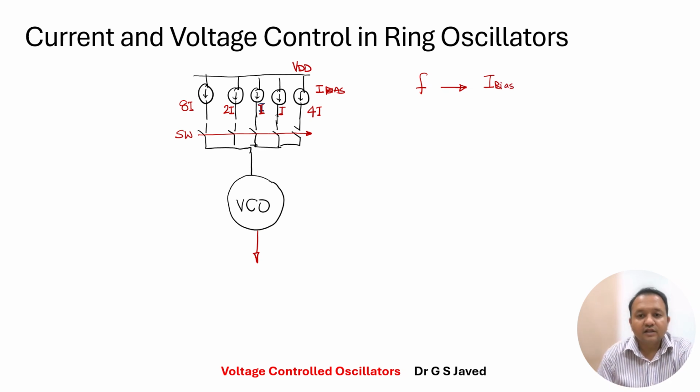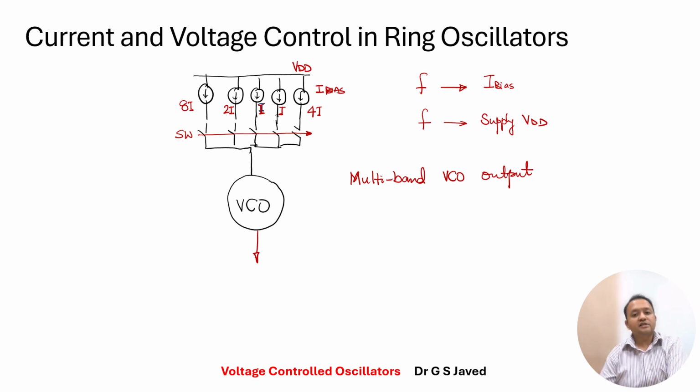Second, the frequency is directly proportional to the supply voltage VDD. So now if you want to have a multi-band VCO output, then you can use this kind of architecture for control.